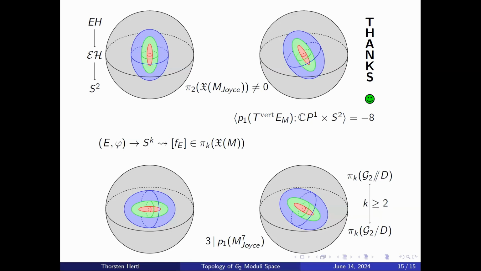I was wondering about this quotient map. So G2 to G2 mod D. Is that not a Serre fibration? It is. It should be even a fiber bundle. Then I don't see why this stuff on the right will fit this necessarily.